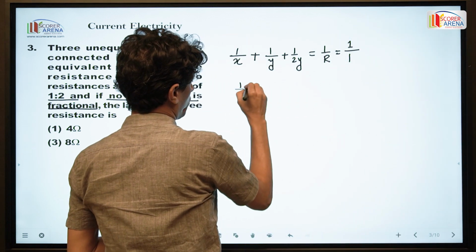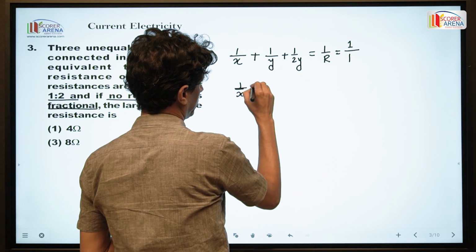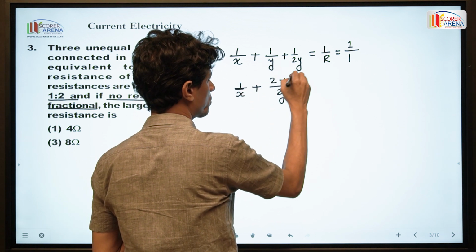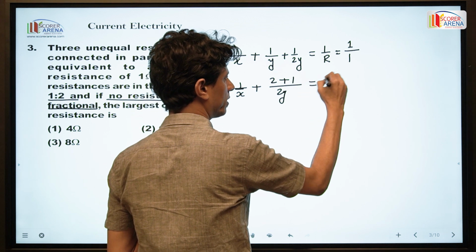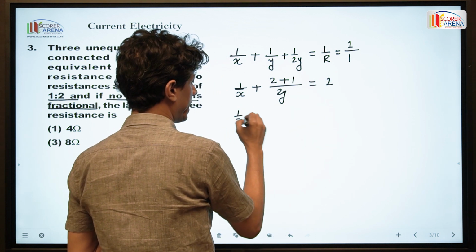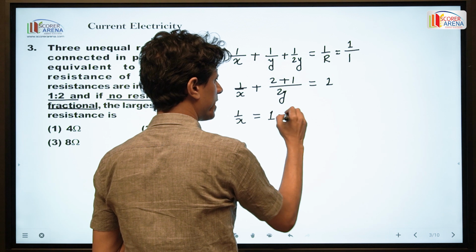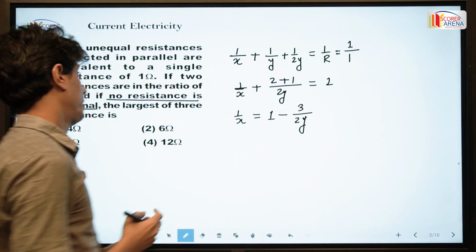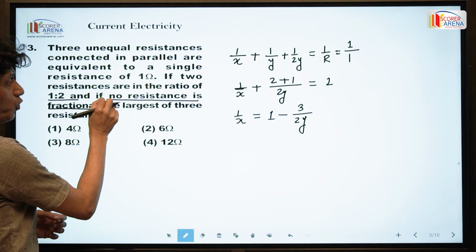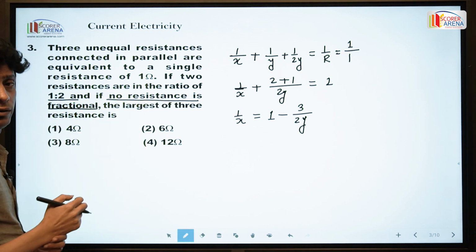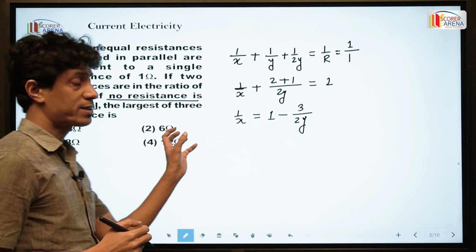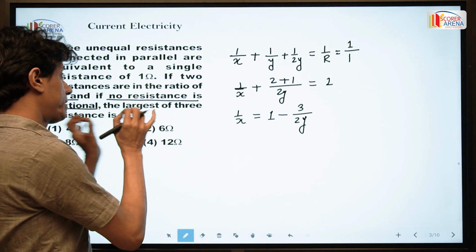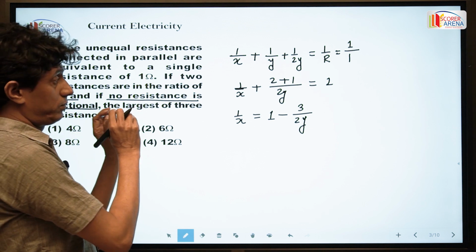So we can say 1 by X plus 2 plus 1 by 2Y is 1. So 1 by X is equal to 1 minus 3 by 2Y. Here the important information is that no resistance is fractional, so the values of X, Y and 2Y are not fractional.